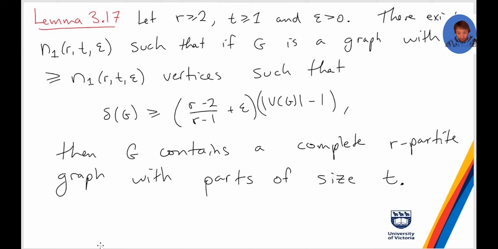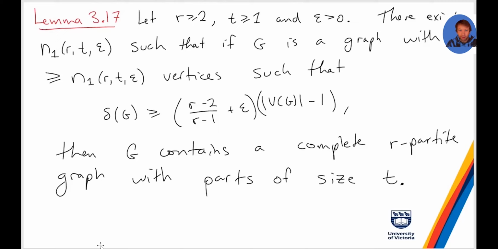Because if I can find a complete tripartite graph where each part is very large, then I can find H by taking the 3 different color classes and putting them in the 3 different partite sets of the tripartite graph. So remember, everything boils down to trying to find copies of complete R-partite graphs where the parts are really large.